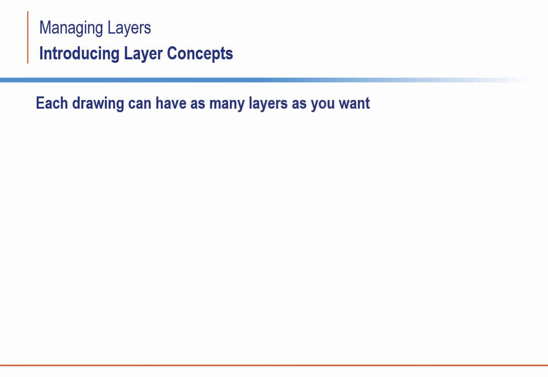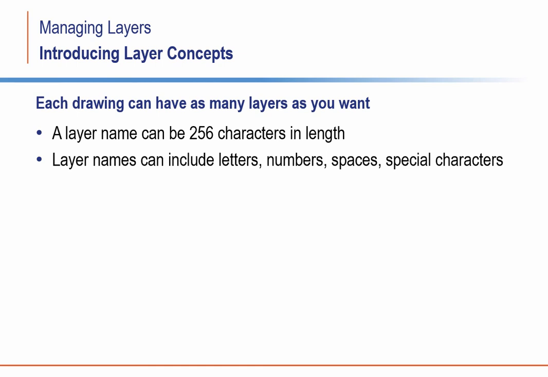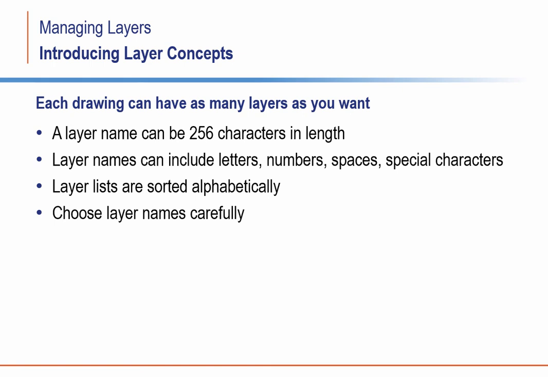Each drawing can have as many layers as you want. A layer name can be up to 256 characters long and can include letters, numbers, spaces, and several special characters. Layer lists are sorted alphabetically. To organize all of those layers, you should choose names carefully.